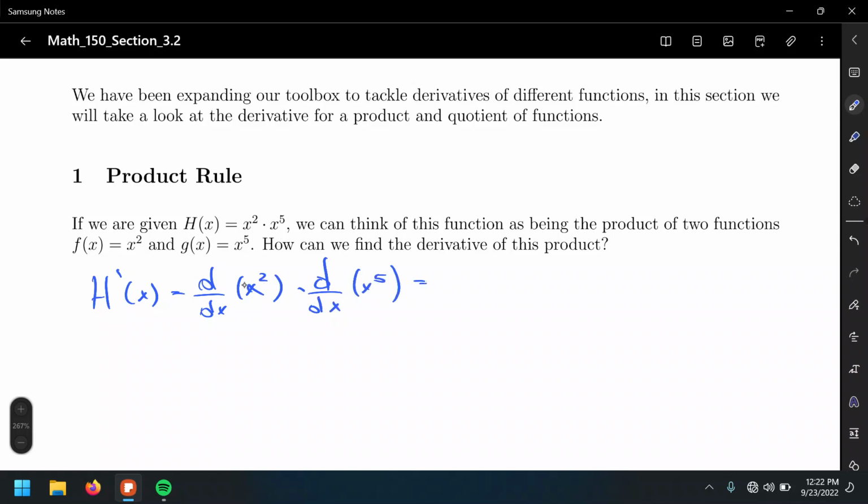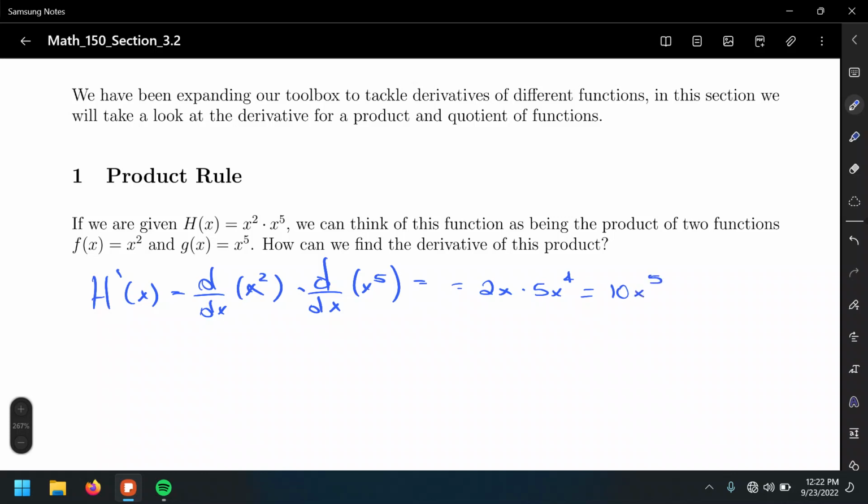Well, if we differentiate x squared, isn't that a 2x? And if we differentiate x to the fifth power, that's 5x to the fourth. Simplifying this, that's going to be 10x to the fifth.